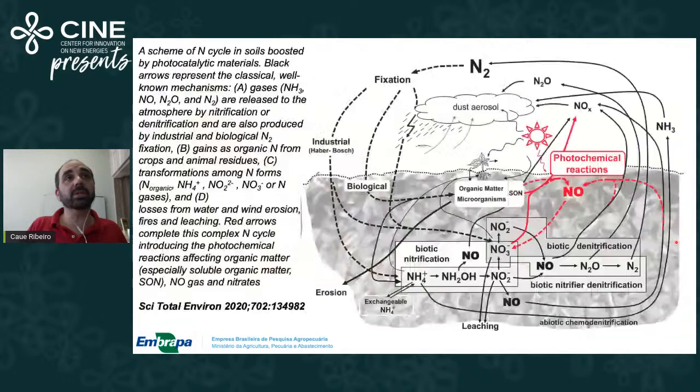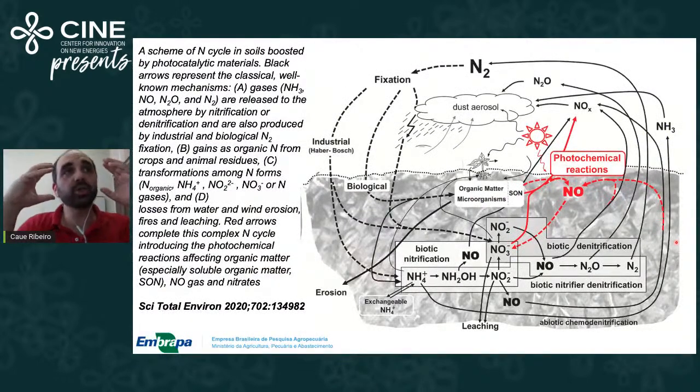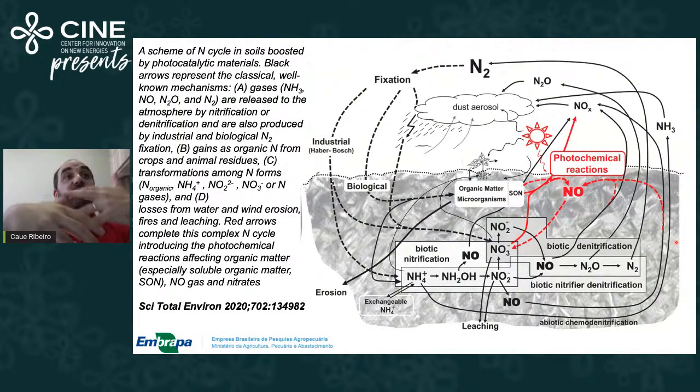Recently, some authors have proposed the idea to use the same strategy, mixing this titanium oxide with soil. But the idea there was to oxidize these emissions before they are emitted from the soil. The idea was to include these nitrogen oxides in the cycle of nitrogen in soil, avoiding the emission of this nitrogen by the plants during the biological process.